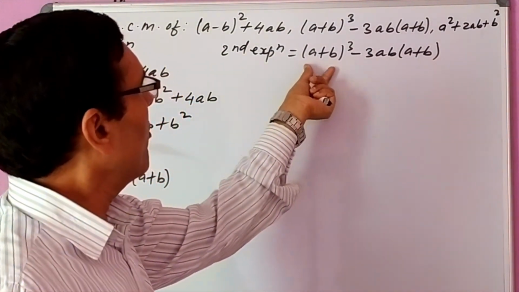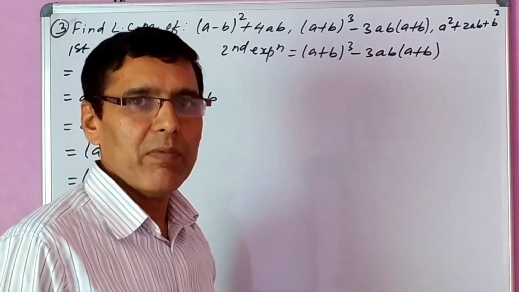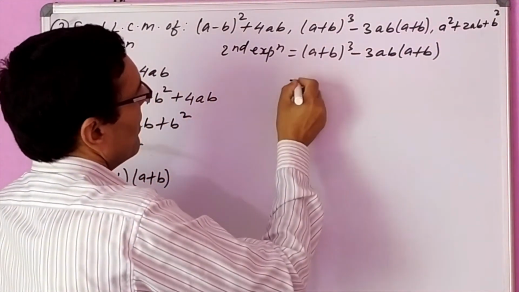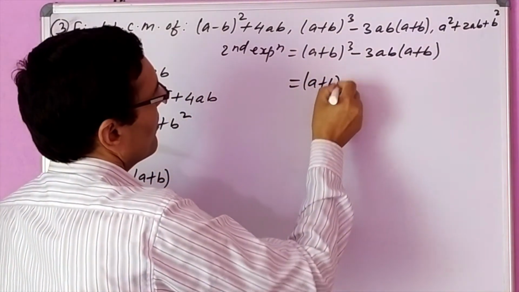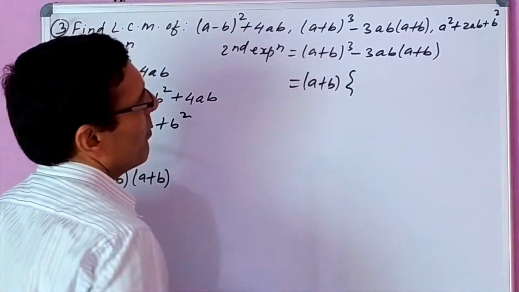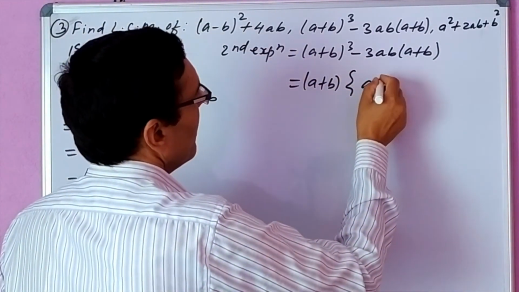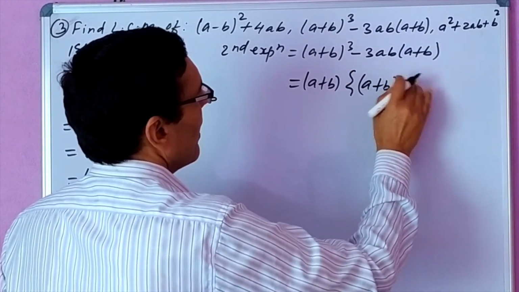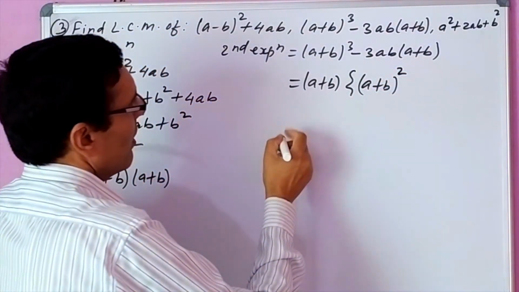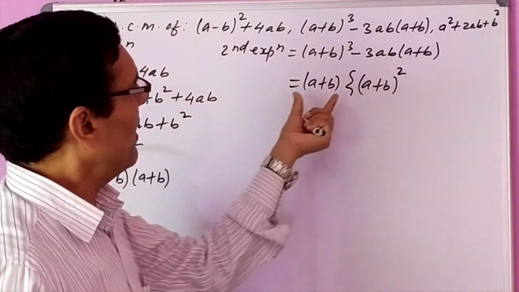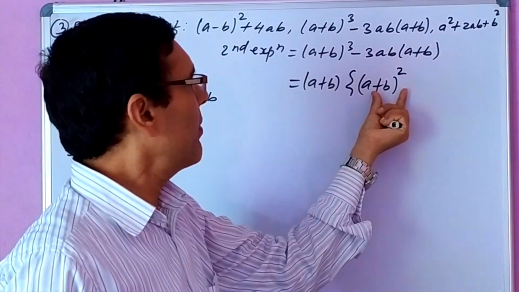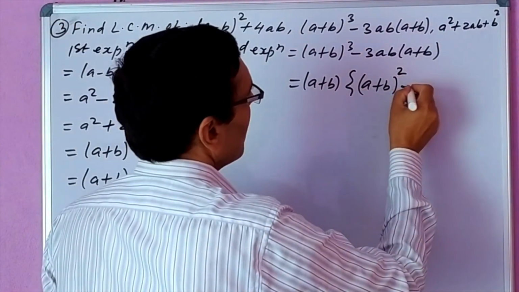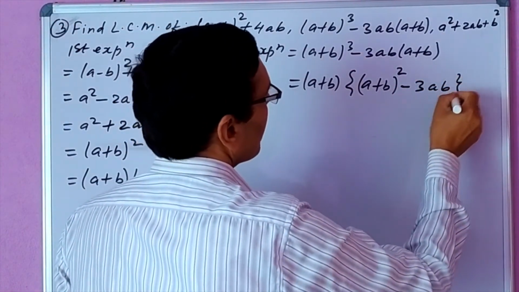So let's take A plus B common. After taking A plus B common, what will be remaining here? A plus B whole square, because out of A plus B whole cube, if one A plus B is taken common, how many A plus B will be remaining there? 2, right? So that is A plus B whole square and minus 3AB.